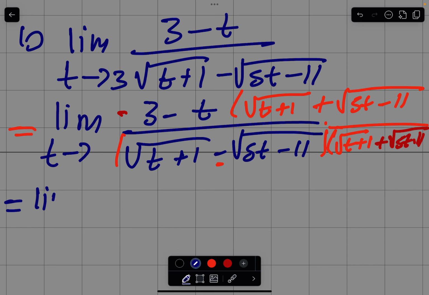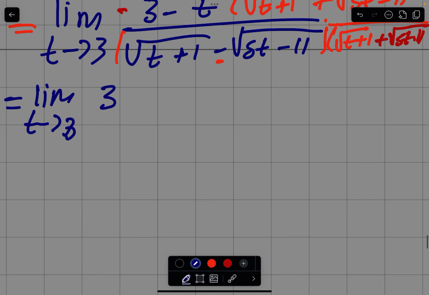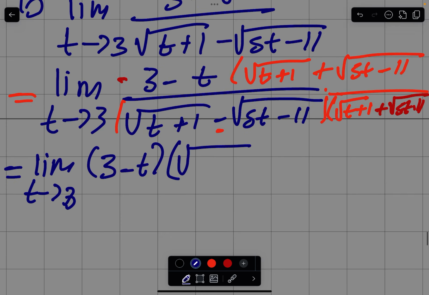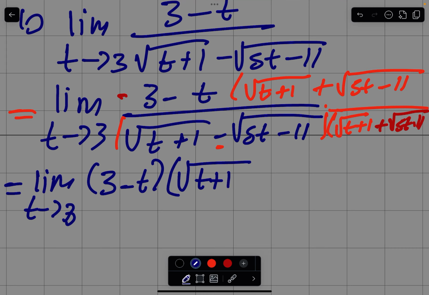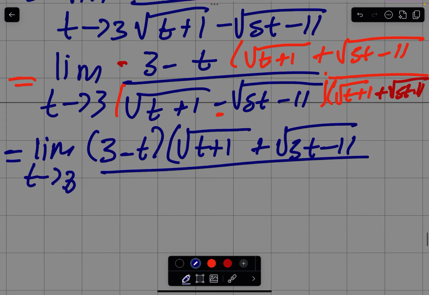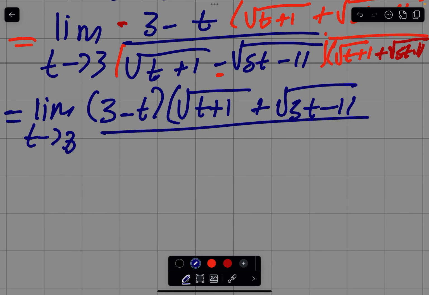Understand? Meaning we are going to have the limit as t approaching 3. Therefore, we have 3 minus t into square root of t plus 1 plus square root of 5t minus 11, whole divided by what? I see a difference between two squares. I square them.